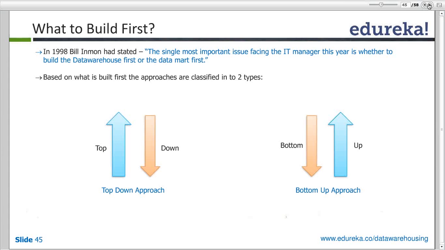In a top-down approach, you will first build a data warehouse. Your top is the data warehouse, then you will flow down to different departments, which are the data marts.